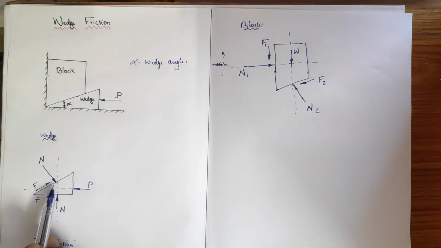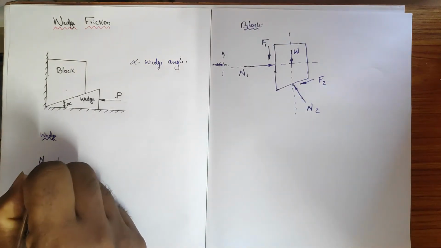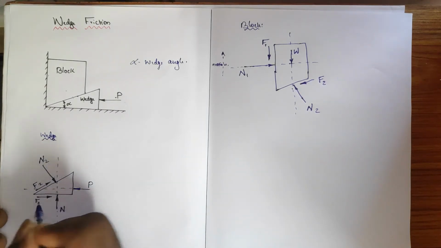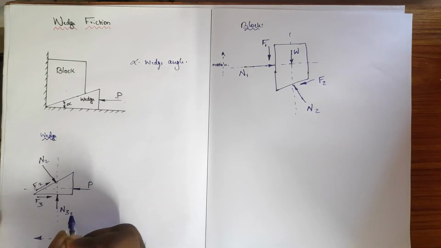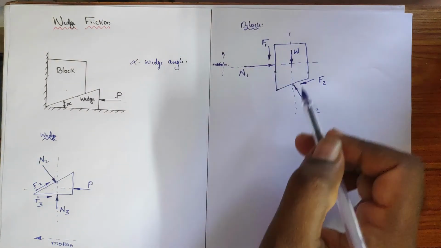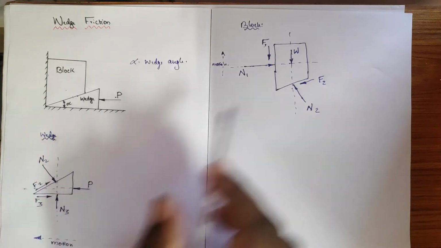Here as well, it is a region with the block and wedge, so we can give the same name in the same spot. So here it will be N2 and F2, and here it is F3 and N3. Okay, so now we have given the naming. Naming is our wish, but I have started from 1, 2, and this is 3, right?